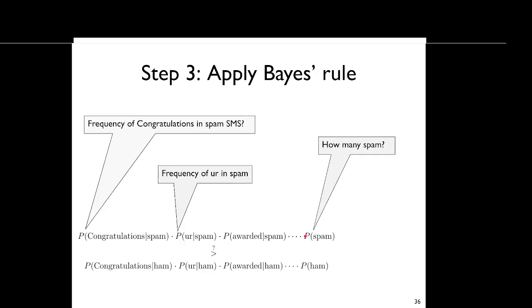However, a little caveat, before we come to the two problems that I mentioned in the introductory slides: one more slight, tiny problem. What is actually the frequency of "congratulations" in spam messages? Do we count that on the message level, so that if "congratulations" appears at least once in a message, then we count it?